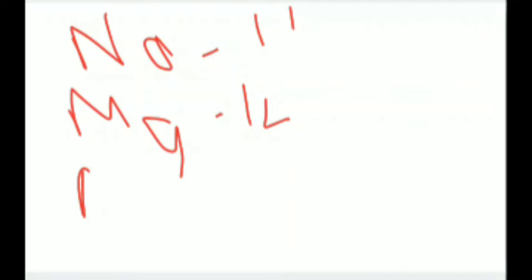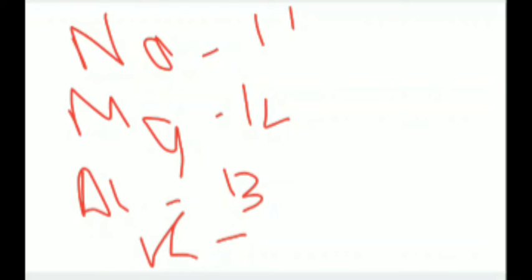Now, metals: sodium, magnesium, aluminum, potassium, calcium. Sodium atomic number 11, magnesium atomic number 12, aluminum atomic number 13, potassium atomic number 19, calcium atomic number 20.